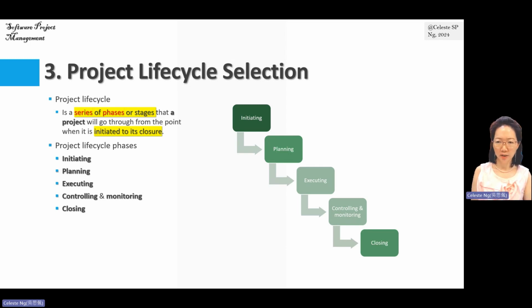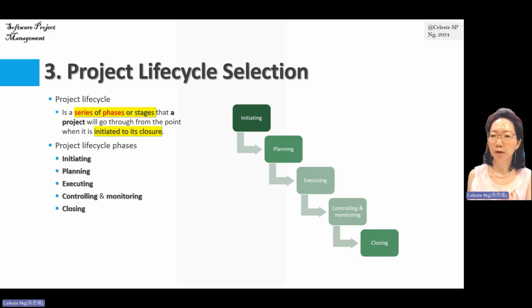During the third phase, executing, the project management work is carried out, for example, project knowledge management. More importantly, during this executing phase, the actual project work is carried out.